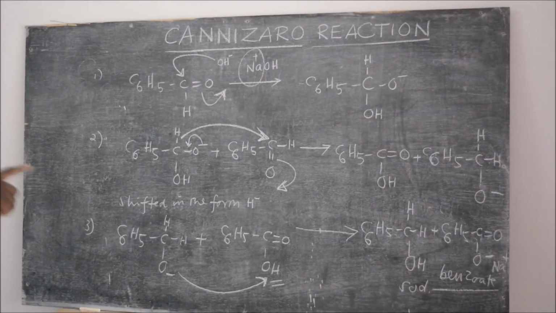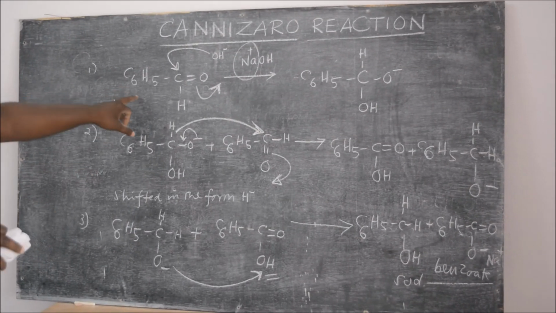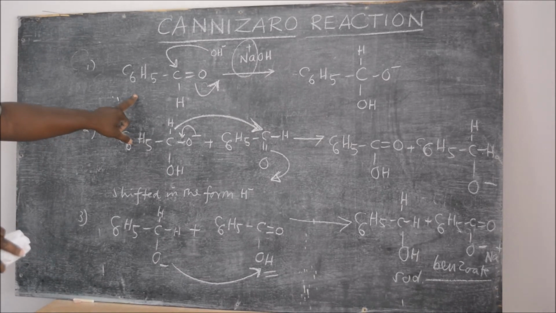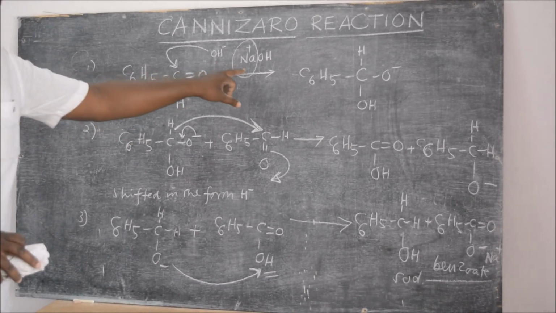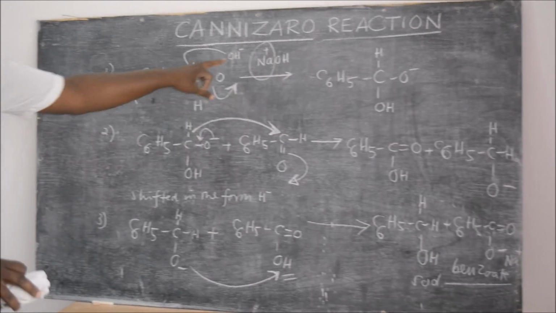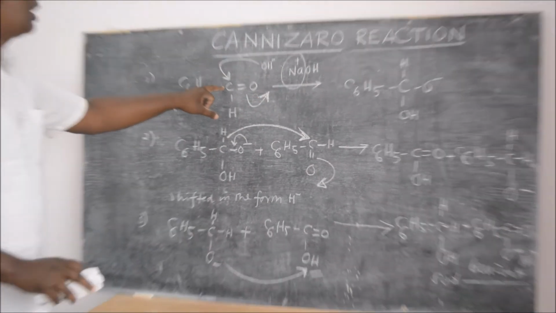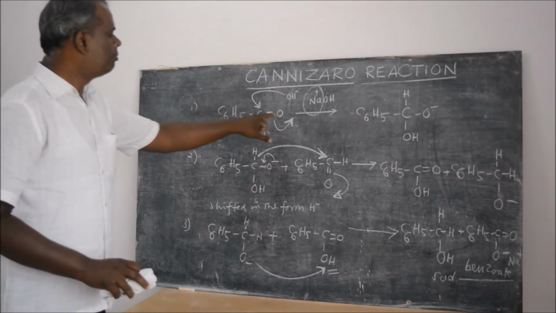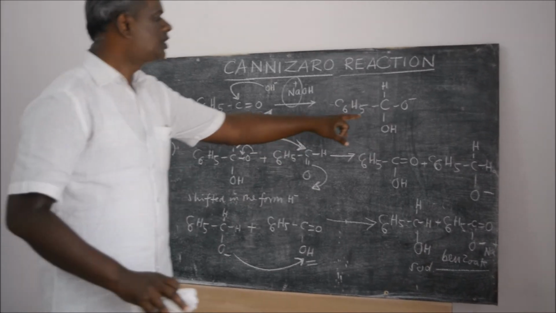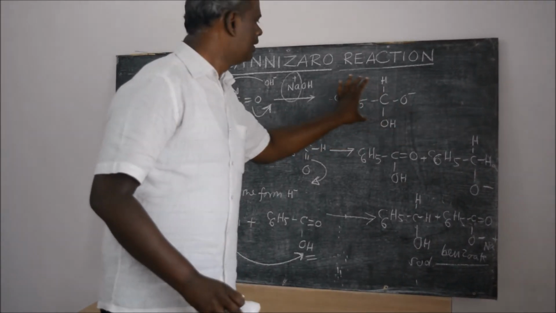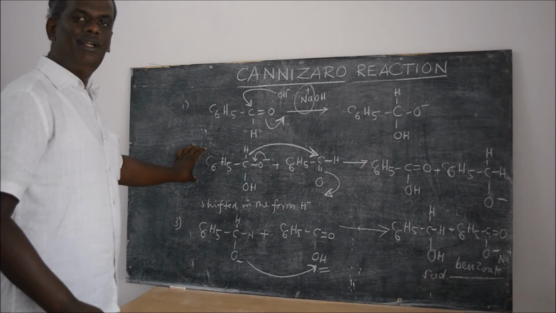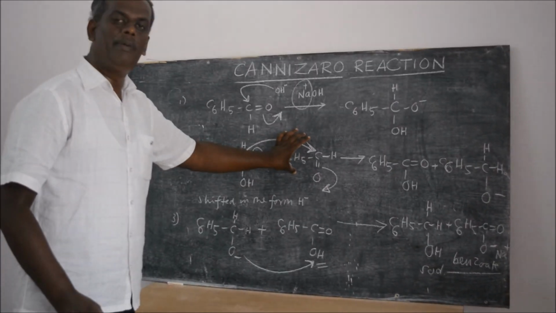I repeat in simple words. In step 1, benzaldehyde, where we are supplying the sodium hydroxide, OH minus is contributing electron to the carbon. The nearby bond is breaking up. Oxygen is carrying minus. Take this on the reactant side. Write the first molecule of benzaldehyde.